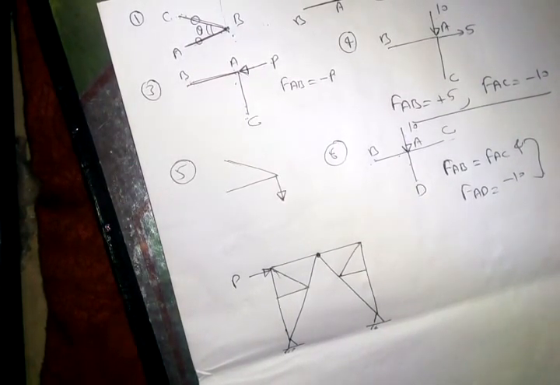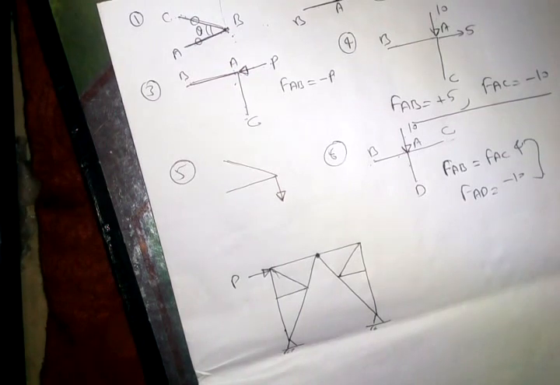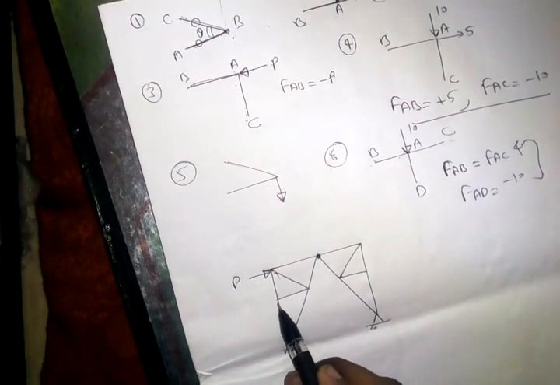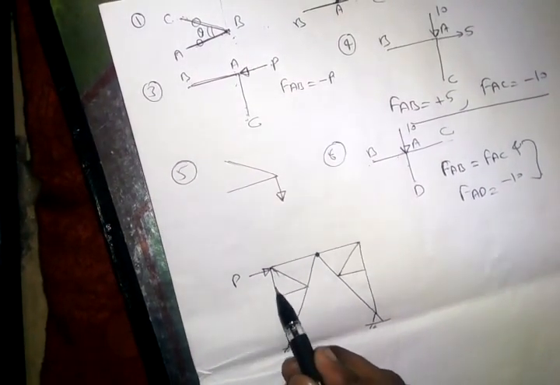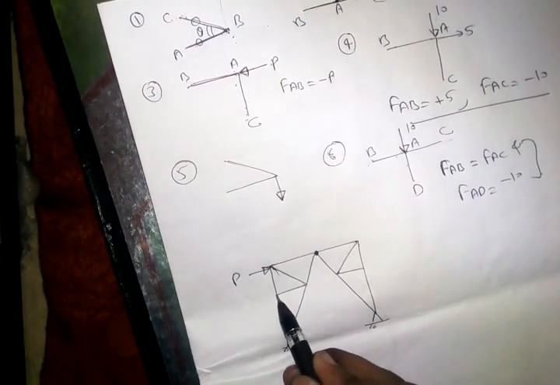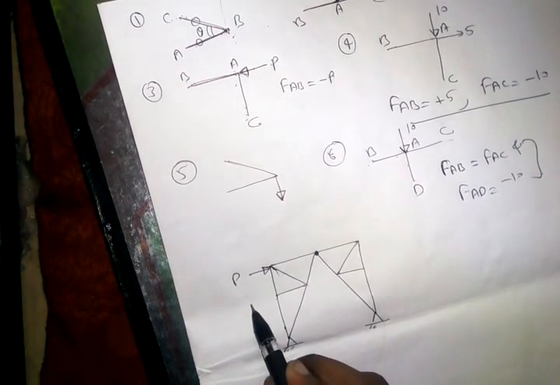Okay. So member of zero force, in order to search, we have to see only those joints on which loading is not applied, right? And on those joints on which loading is not applied, two or three members should meet. Listen, see this joint. At this joint, three members are there, and at this joint no loading is there.